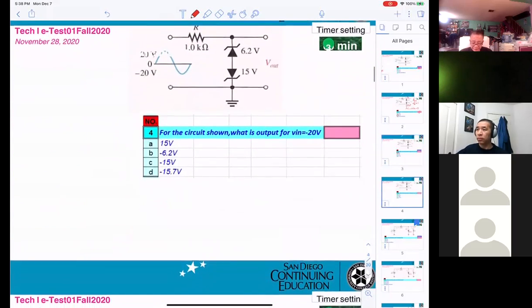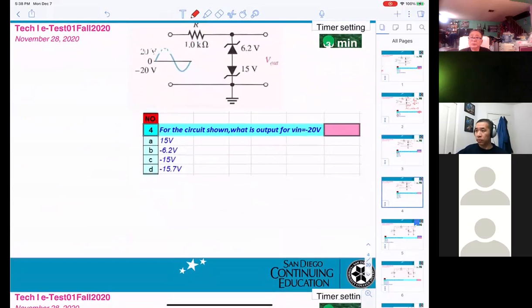Number 4. What is the right answer? I got D, negative 15.7. Correct. The answer will be D. Just the same way.